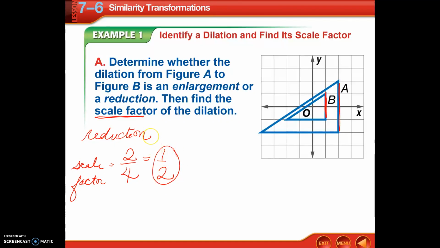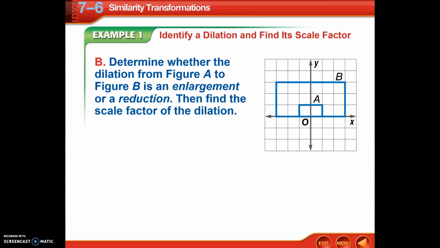So you can see that that 1/2 is less than 1, so I've done that right. So my two answers are the type and then the scale factor. So here, from A to B is an enlargement.